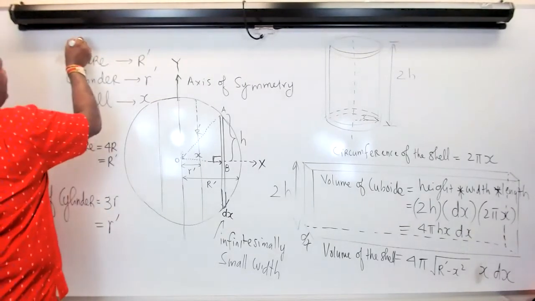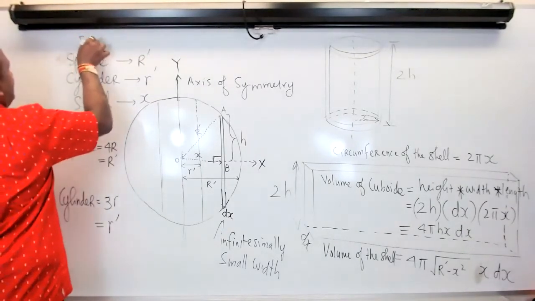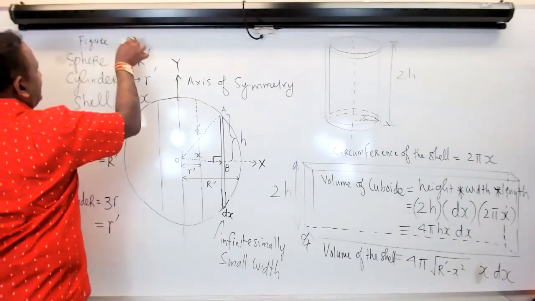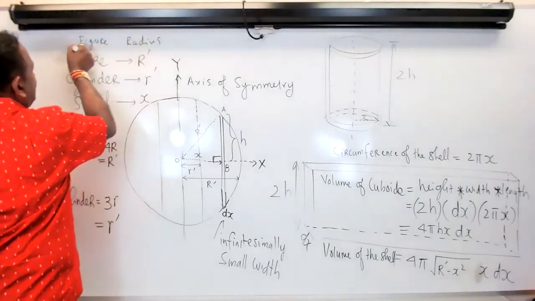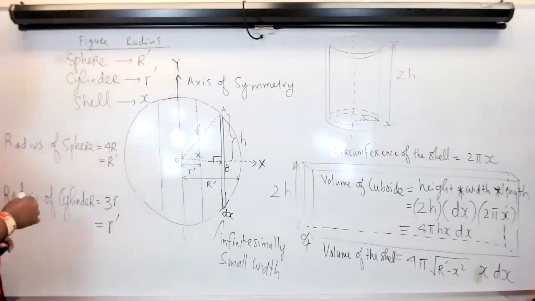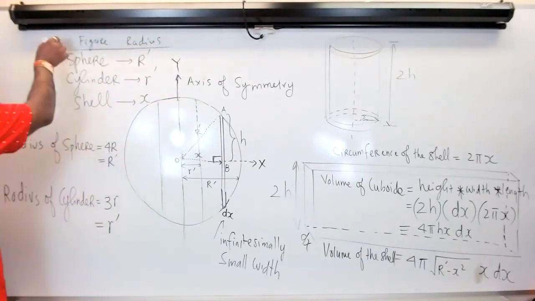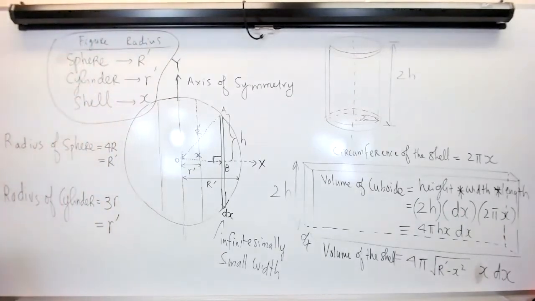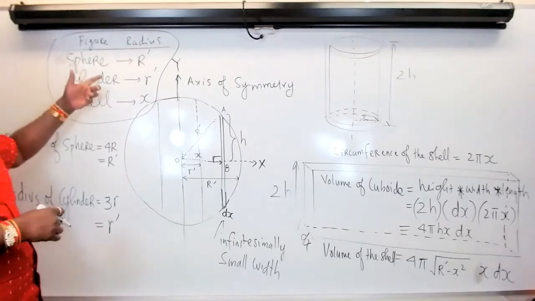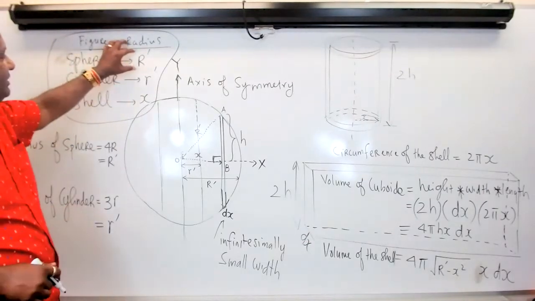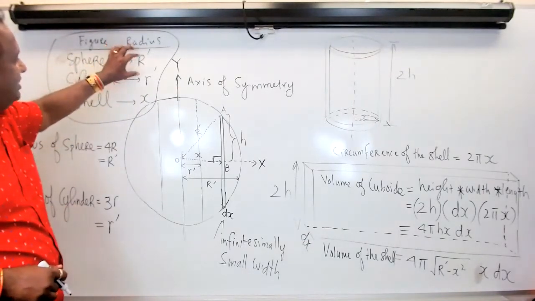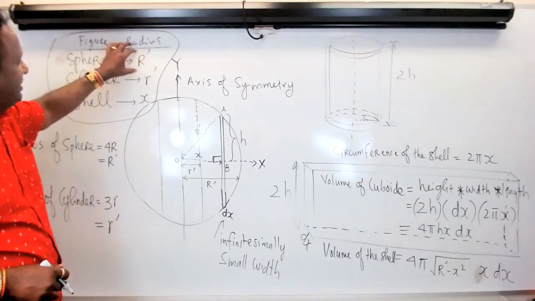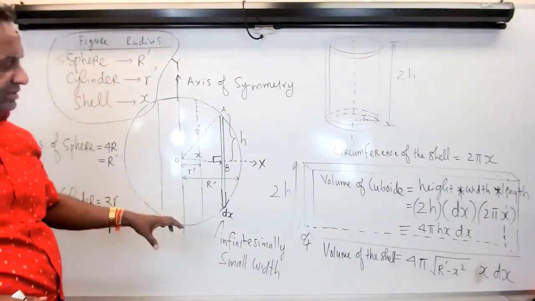These three should be taken into account. Everything should be in terms of all these, because these are the things that we assume in the beginning: capital R prime, small r prime, and x.